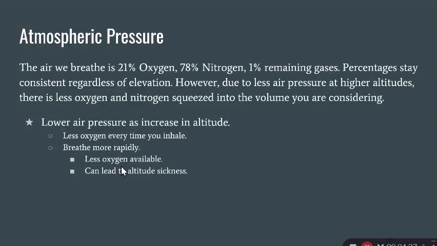So we need to breathe faster to get the same amount of oxygen molecules in our bodies. If we have trouble with this breathing and are not adapted to it, it can lead to a decrease in performance, and if not properly cared for at high altitudes, this could lead to altitude sickness.